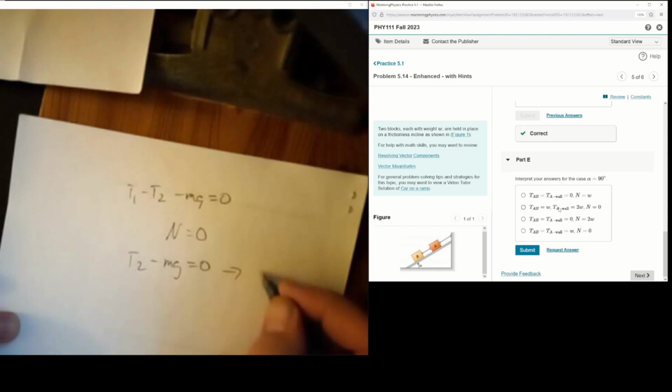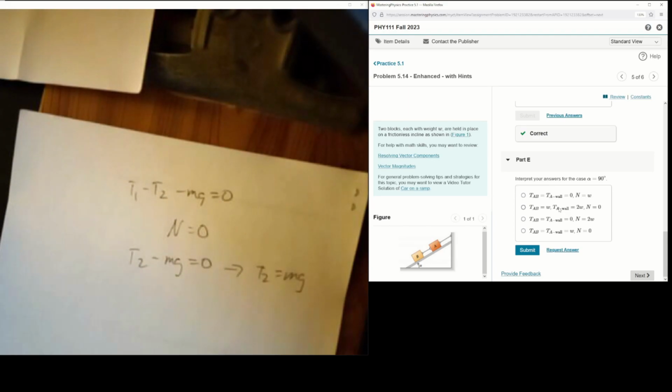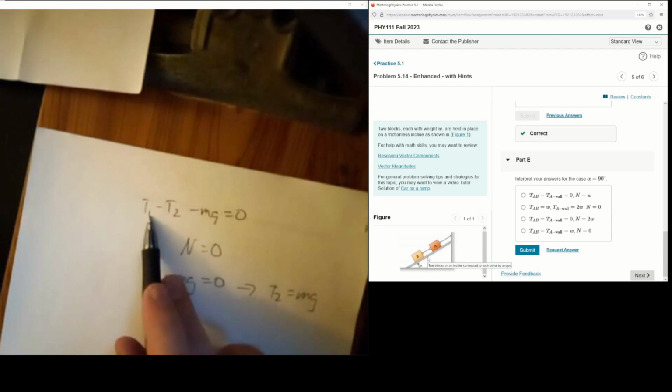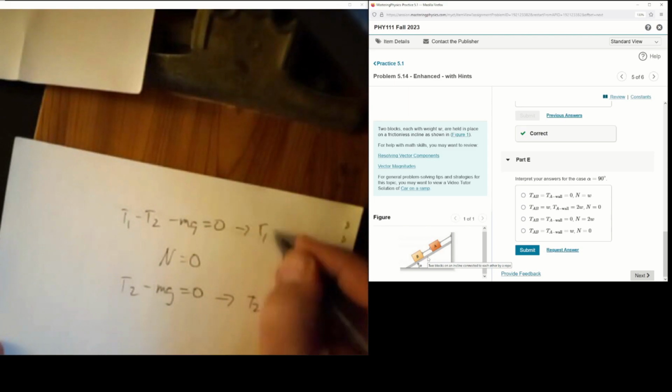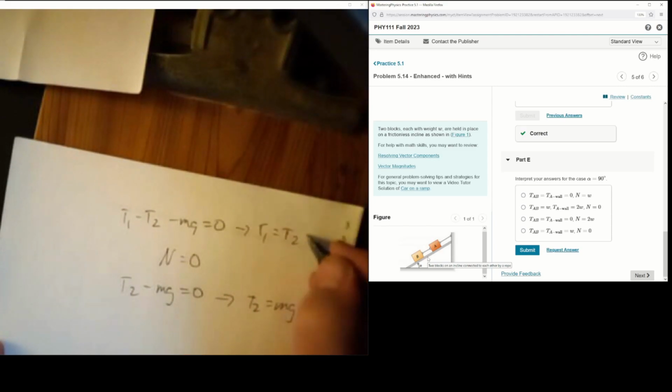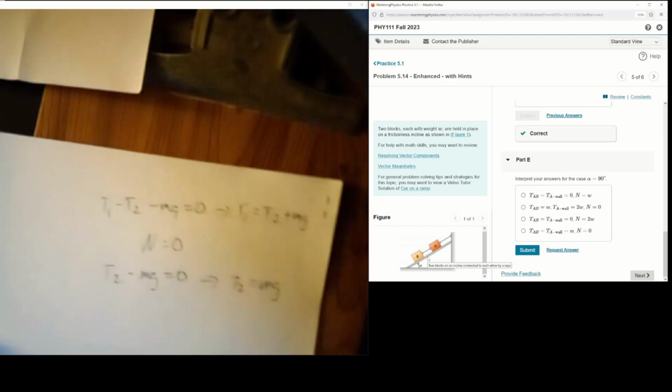So this one tells us tension 2 would have to equal the weight of one block. After all, that tension holding up block B is only holding up block B. So only that weight. Well, if we look at tension 1, move all this stuff to the right side, tension 1 is tension 2 plus mg.